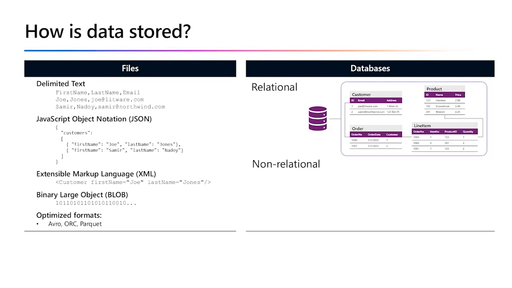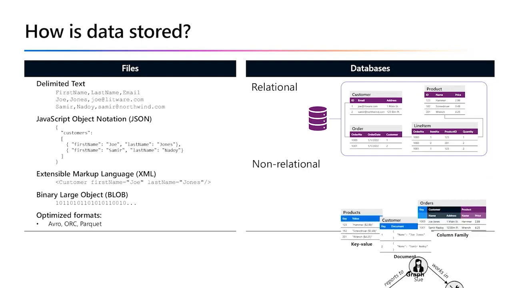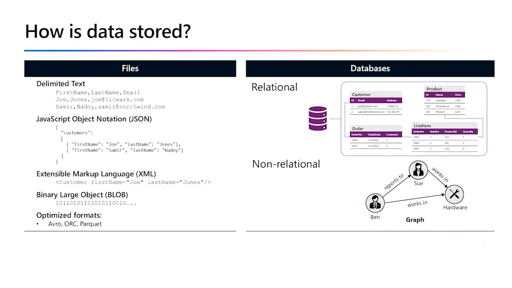Now, non-relational databases or NoSQL databases offer much more flexibility. Instead of tables, they store data in various formats, including documents, key value pairs, and graphs. Graph databases are particularly powerful when dealing with highly interconnected data. A great example is a recommendation engine.